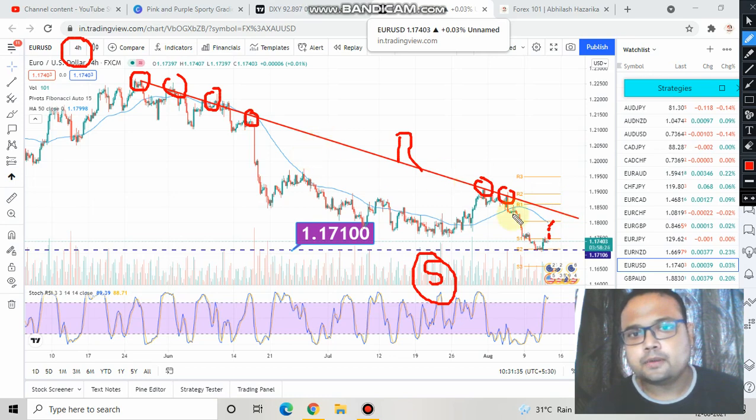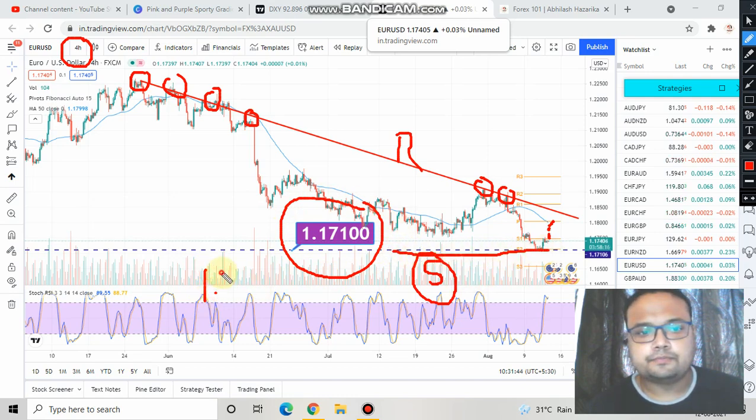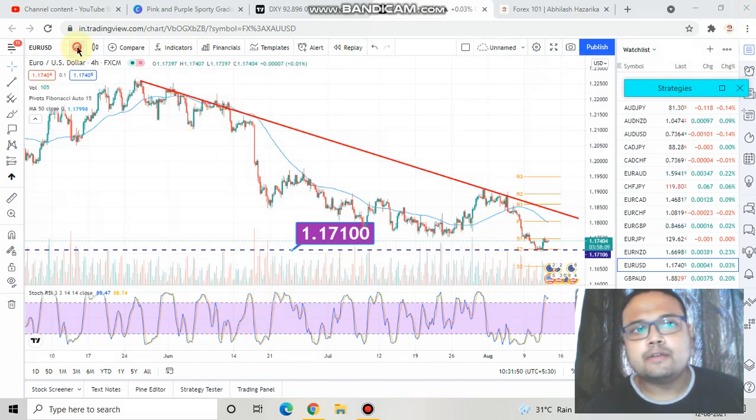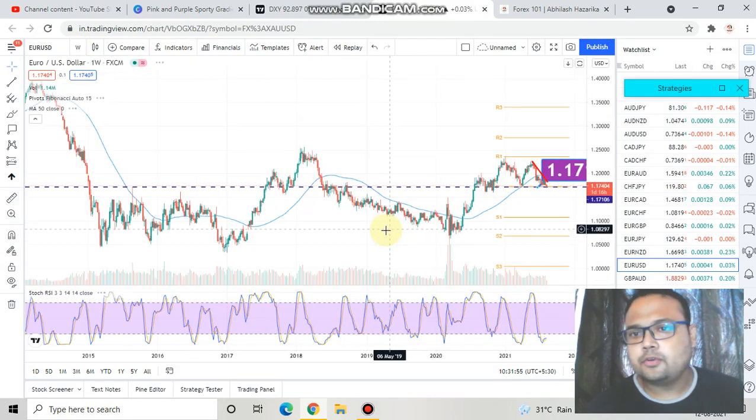Clear? On the other hand, apart from this level, we also have a strong support on the downside, 1710. And this support level is important for the market, because it belongs to the weekly chart. See, this is the weekly chart of Euro USD.